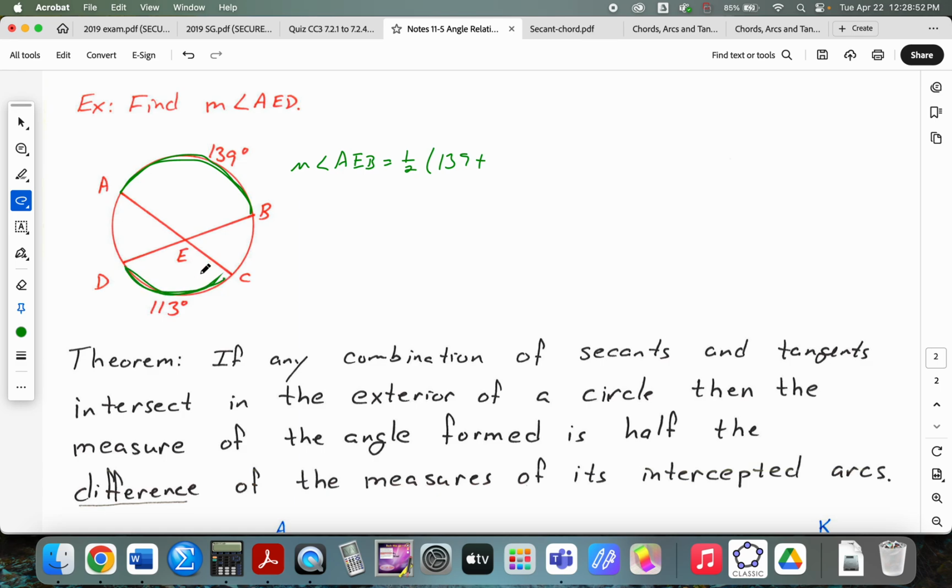Remember, one of them got bigger, one of them got smaller. So it's going to be half of 252. So dividing by 2, that's 126 degrees. And then subtracting, 180 minus 126 leaves us with 54 degrees for the measure of angle AED.